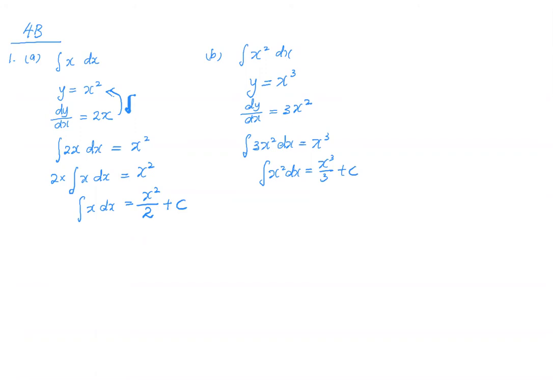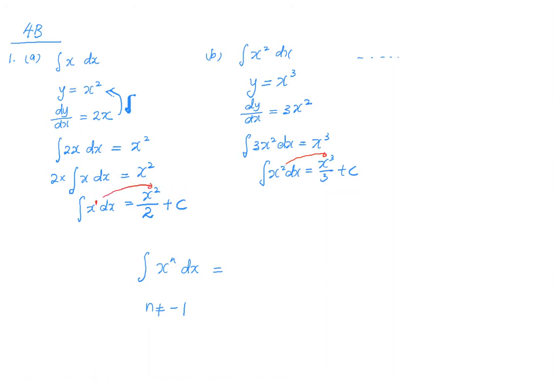So if you continue to go on in this manner, you can come to a formula. If I integrate x to the power of n dx, my n cannot be -1. So what will I get? You see, this is 2, it becomes 3. This is 1, it becomes 2.